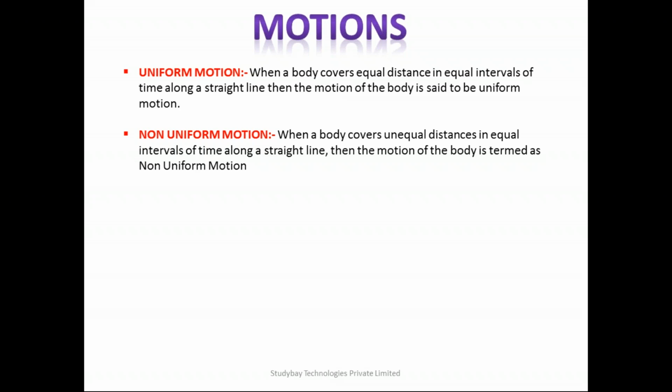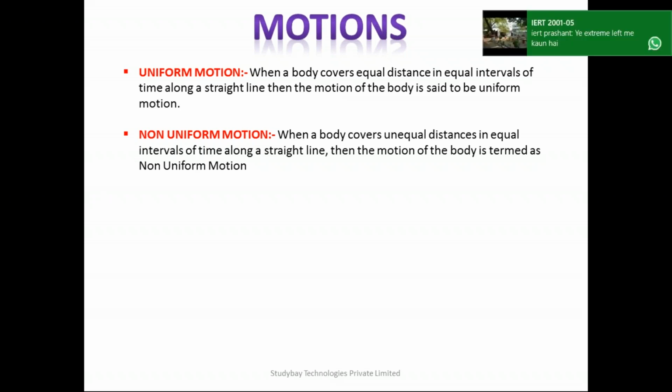Let's say a body covers 1 kilometer in 1 hour, then in the second hour it covers the same 1 kilometer, and in the third hour again the same 1 kilometer. That is called uniform motion. Non-uniform motion is when a body covers unequal distances in equal intervals of time along a straight line.